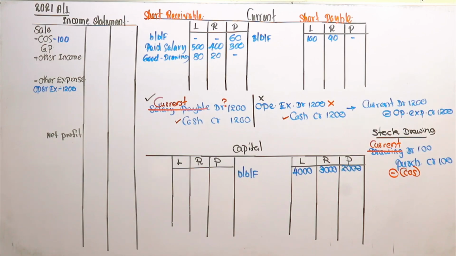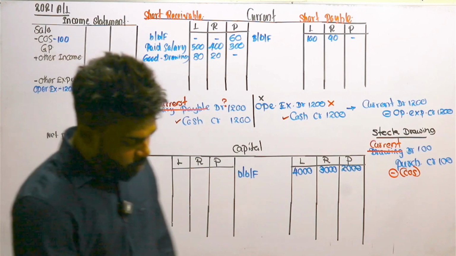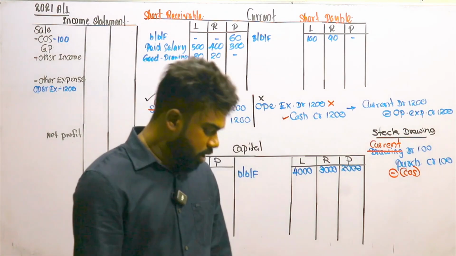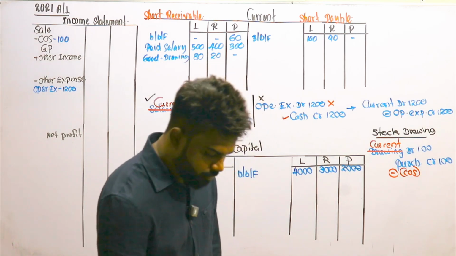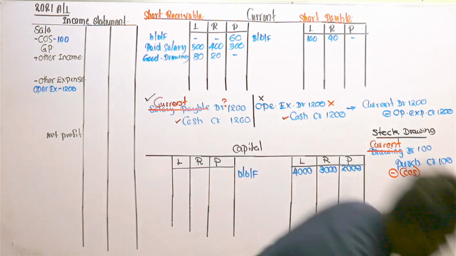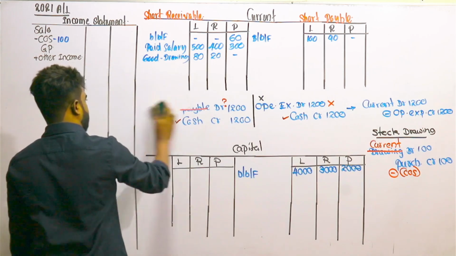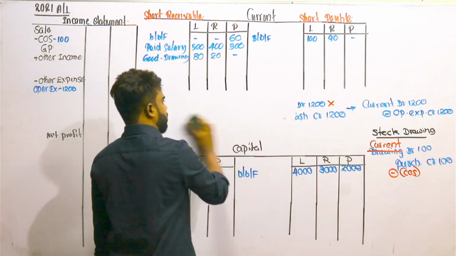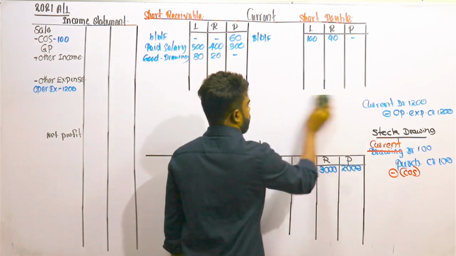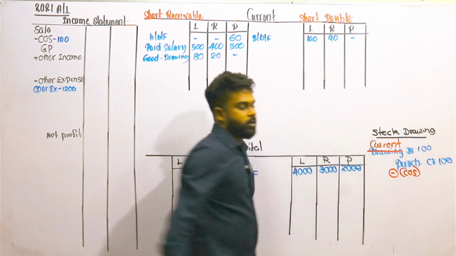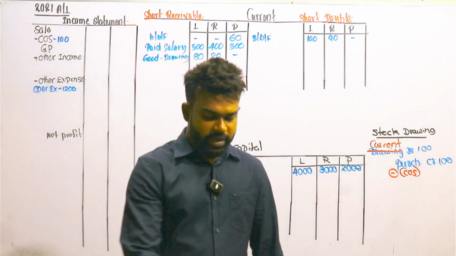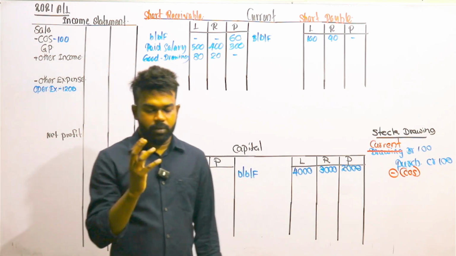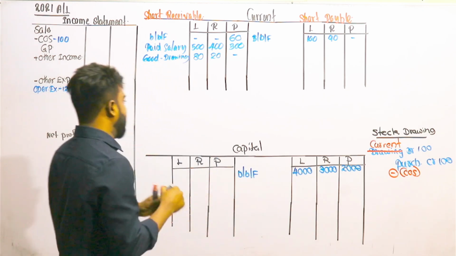Next is round number 2. I will erase this one. Read the question. It says the loan indicated in the trial balance was provided by Lal on April 1st.